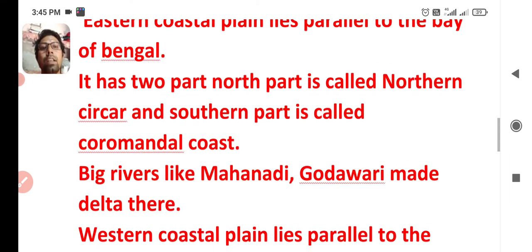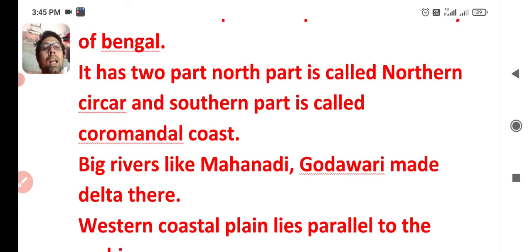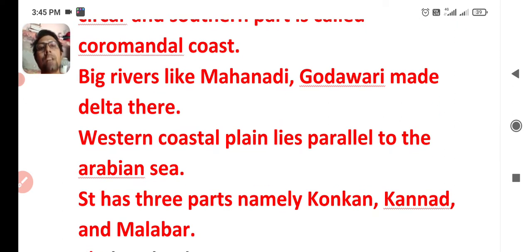Next, big rivers like Mahanadi and Godavari made deltas there. So there are major deltas formed by these rivers in the eastern coastal plain. And the next point, the western coastal plain lies parallel to the Arabian Sea.